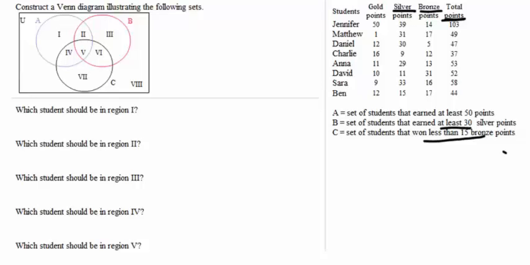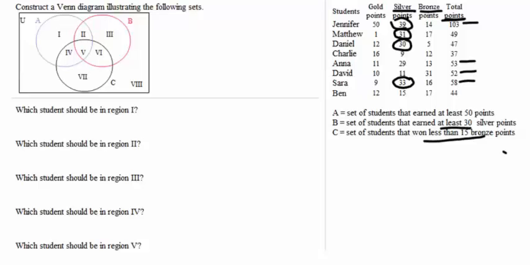So in region 5, that's the V, we'll have all the students that have at least 50 points, but they also have to have at least 30 silver points, so that would be set B there.